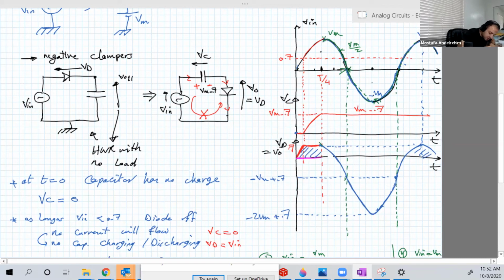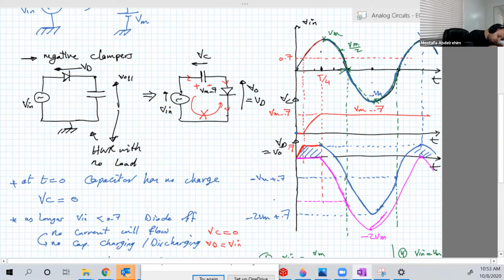Then just track this. So this is basically exactly equal to this. Then we track again. This is minus 2 Vmax. This is 0.